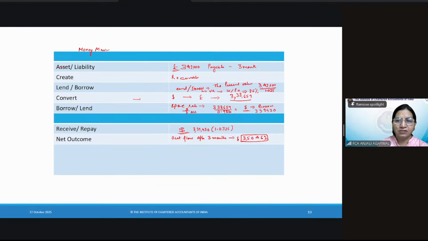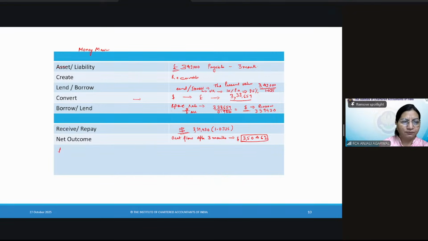No matter what is the spot rate after 3 months for dollar to pound, your outflow in terms of your home currency will remain 350,462 no matter what is the exchange rate. So you have fixed the outflow in terms of your home currency after 3 months.